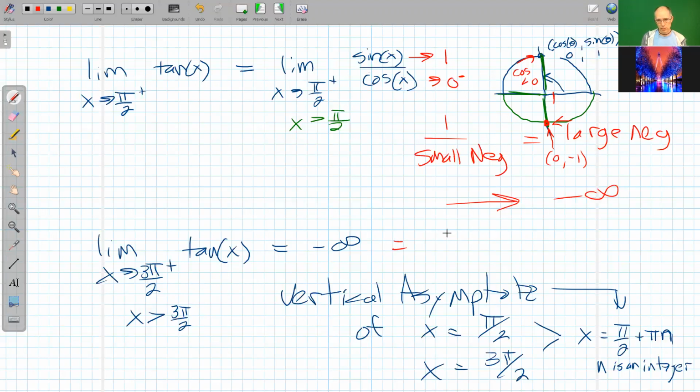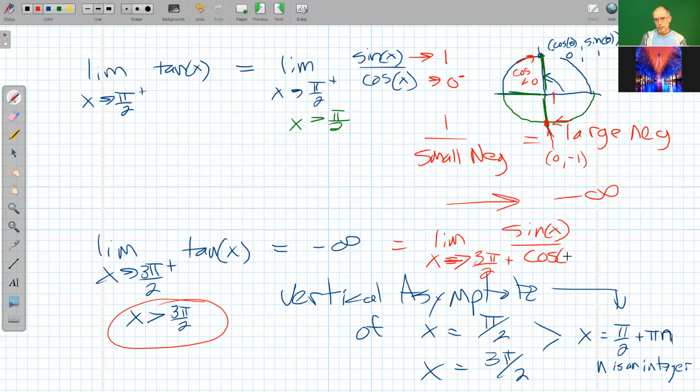So if we think about this as the limit as x approaches, oops, sorry about that, 3 pi over 2 from the side that's greater than 3 pi over 2, of sine of x over cosine of x, then what we have is that the sine of x is approaching -1, and the cosine of x is approaching 0, but from the positive side.